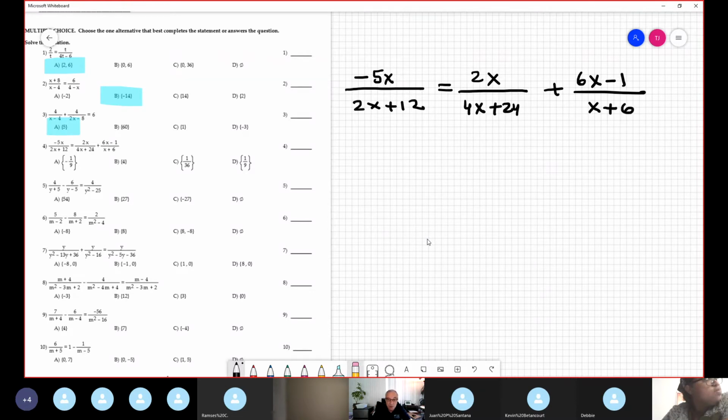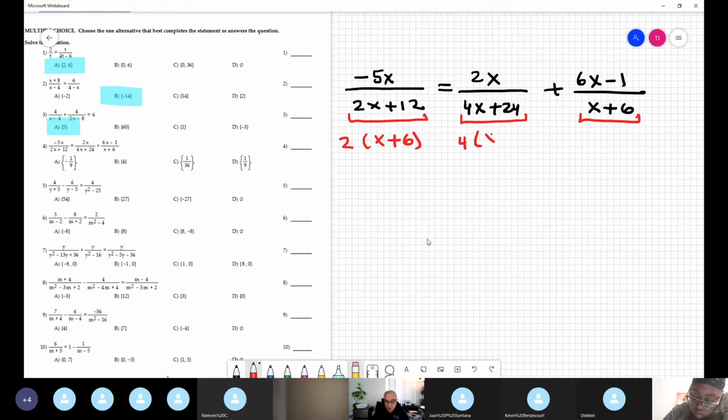Step number 1, factorization, expression by expression in the denominators. The last one is impossible, it's prime. But in the first one, GCF is 2 outside. And the second is 4 outside.